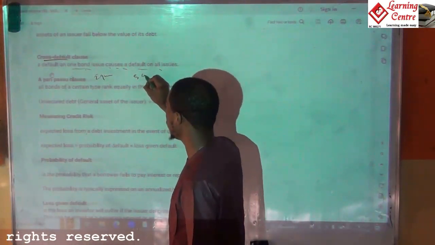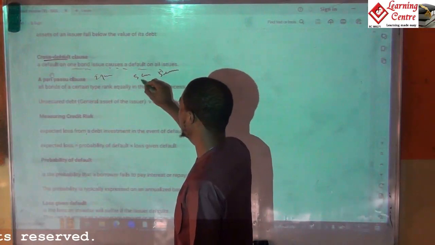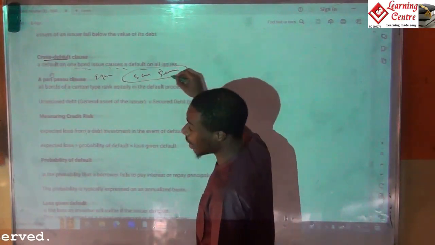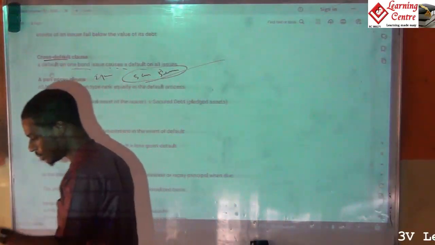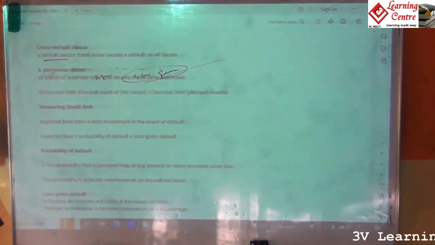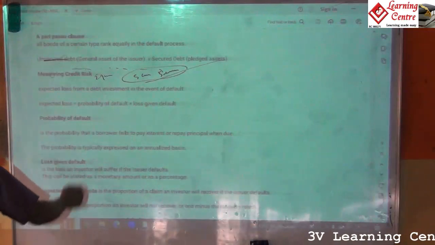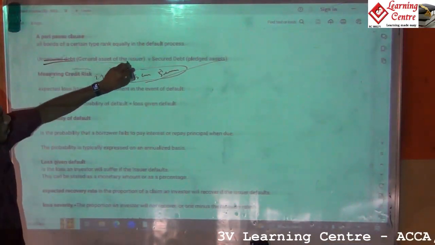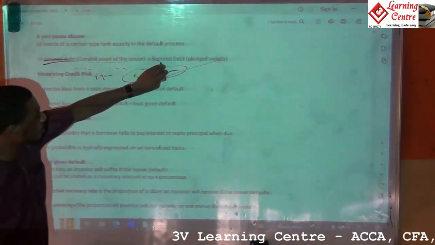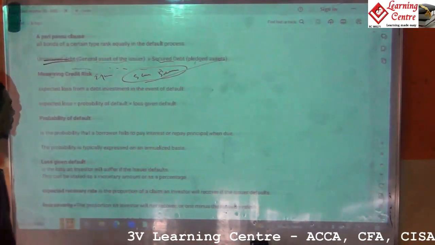So all my senior secured bonds, if I default on this, I'm defaulted on all. That's how we market this. So we can say that all joint debts pledge the general aspect of the issuer.